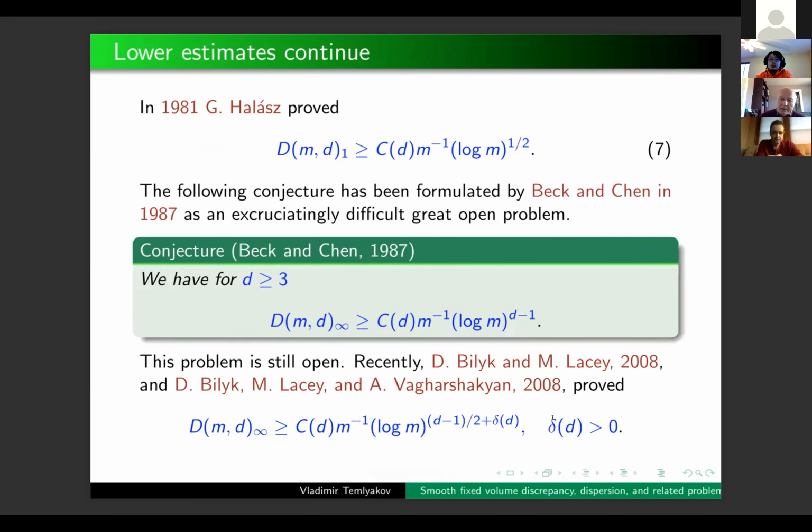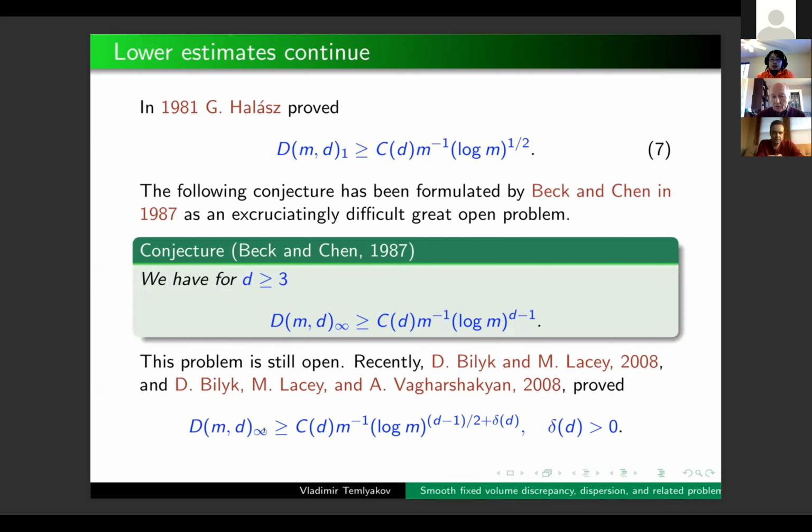I write recently, but you know, time flies. Now it's not that recent, as you can see: that means 2008. But anyway, there were several very nice papers by Dmitriy Bilyk and Michael Lacey, and then by Dmitriy Bilyk, Michael Lacey, and Armen Vagharshakyan. They improved a little bit the lower bound, which is specific for L infinity, because clearly this quantity is greater than or equal to this in the L2 norm.